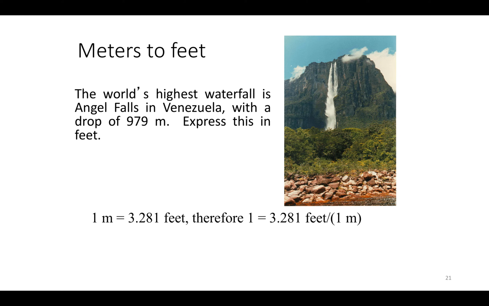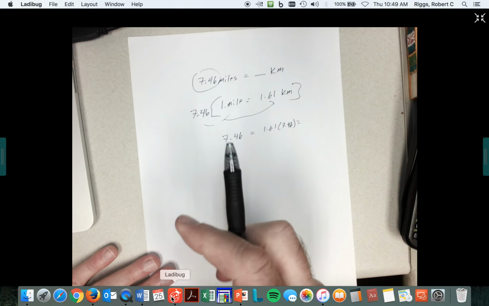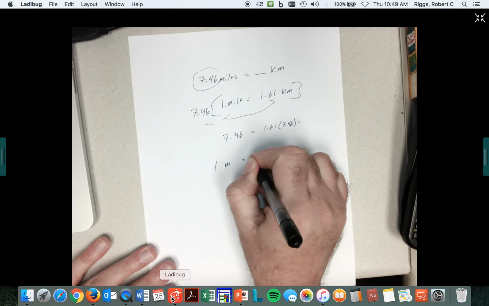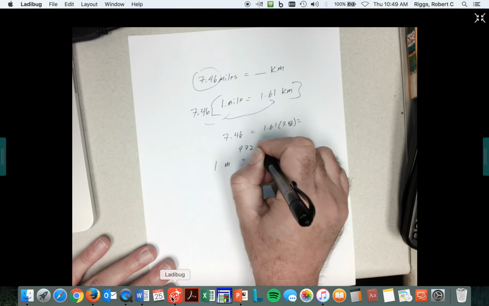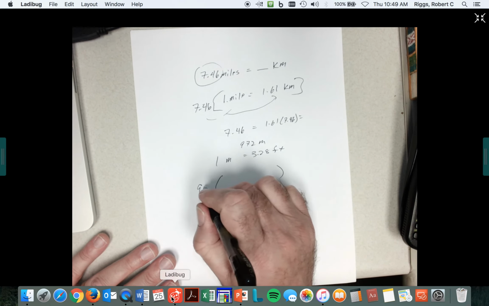And so again, 979 meters. So what are you going to do? It's the same calculation that I did over here, right? So if you have 1 meter equals 3.28 feet, and we've got 972 meters, what do you do? Same thing. Just make parentheses, put 972 out here.